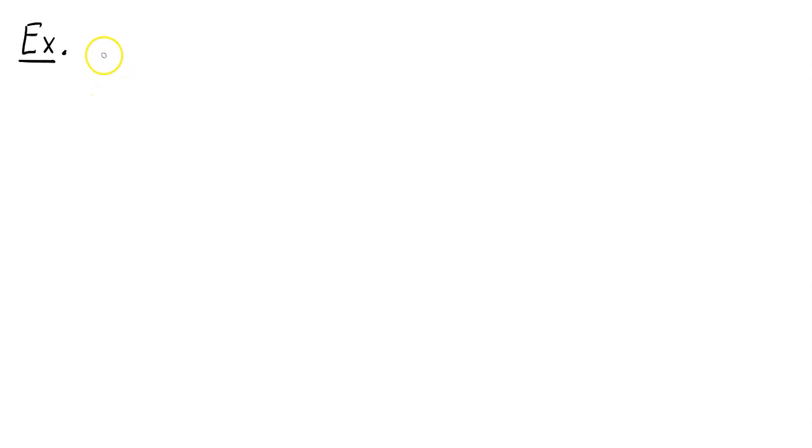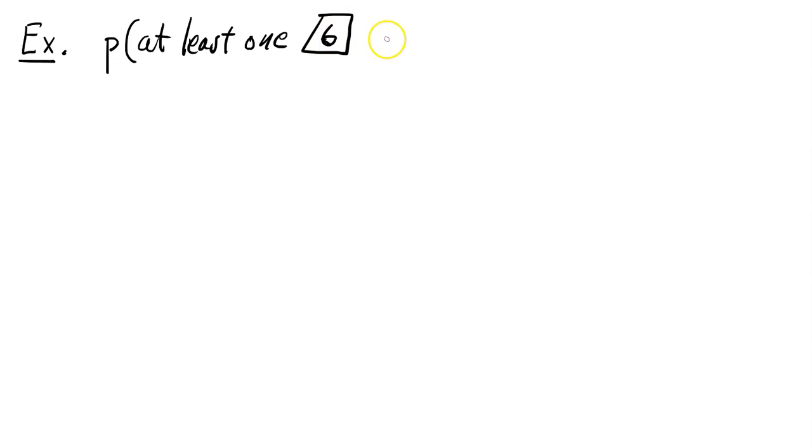So let's take this probability, at least 1 six on 2 dice. That we have seen now how we can calculate in different ways.